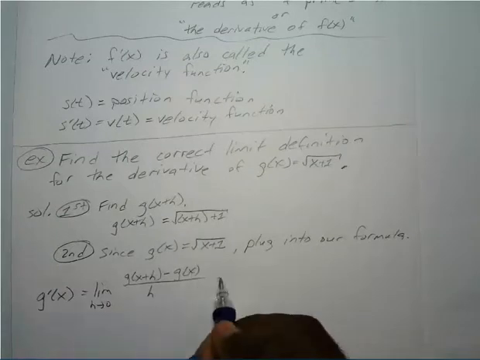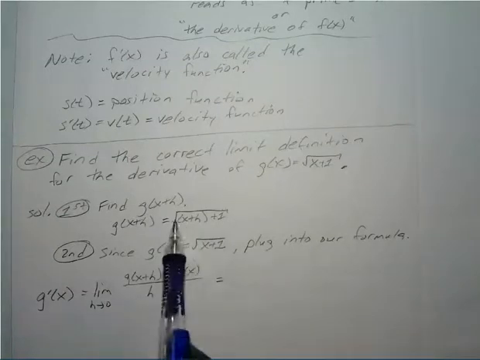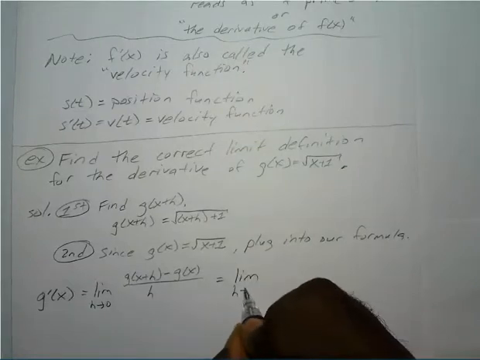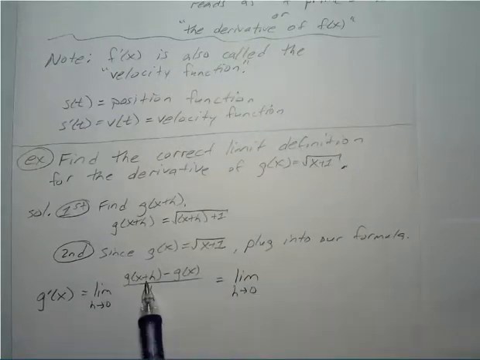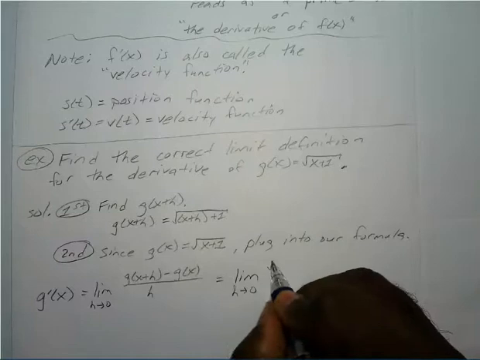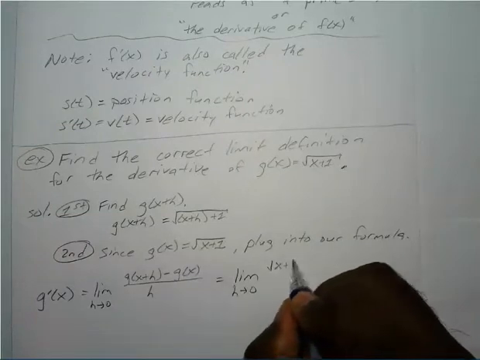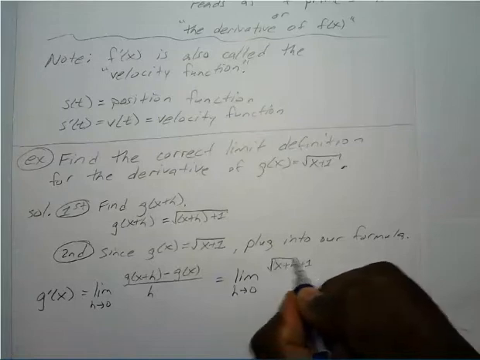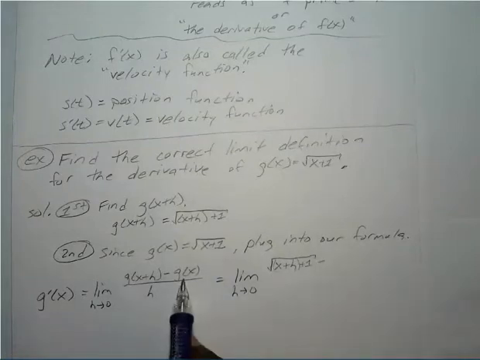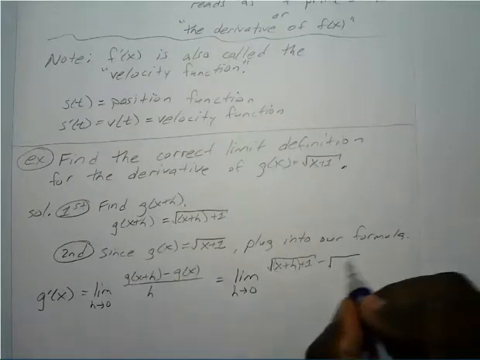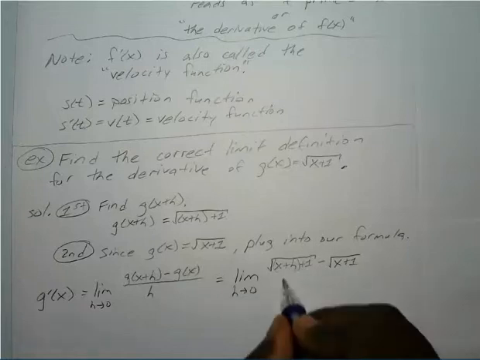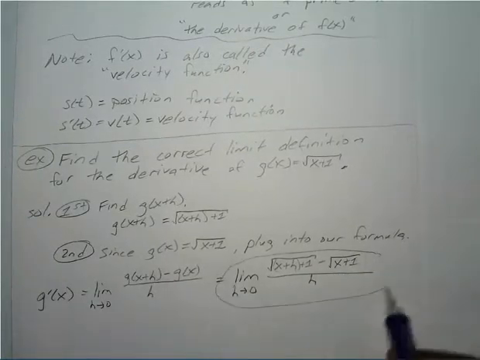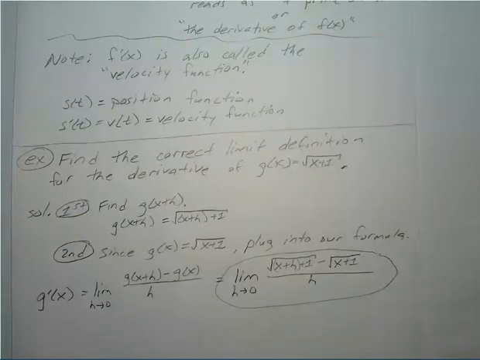Okay, so now we just replaced it. So our limit as h approaches 0, g of x plus h is the square root of x plus h plus 1, minus g of x, which is minus square root of x plus 1, all over h. Okay, so that's all we have to do with that.